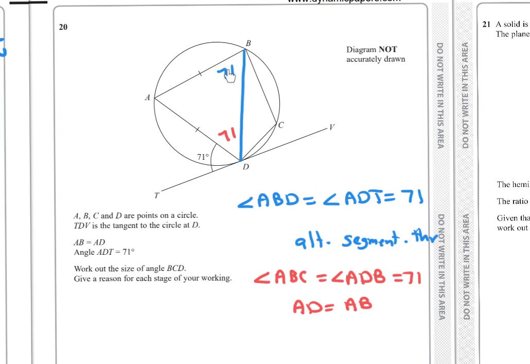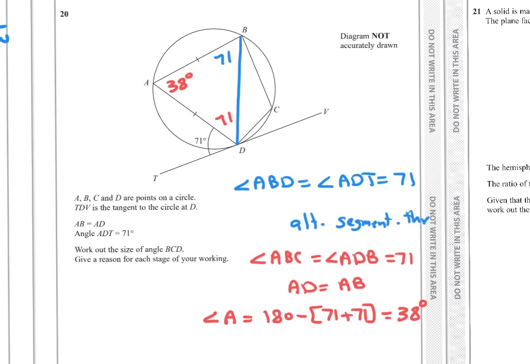Now if this angle is 71 and this is also 71, we can find angle A: 180 minus both. So angle A equals 180 minus (71 plus 71) equals 38, because the sum of the interior angles of a triangle is 180.